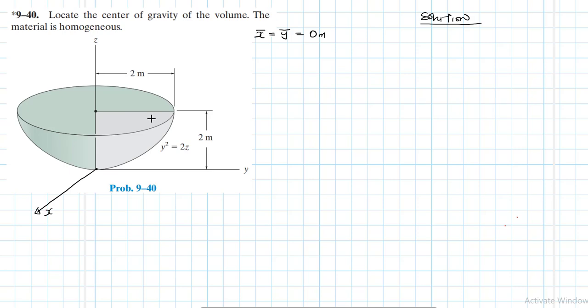What we are going to do is make a section of a very small disk. We can even make the topmost disk, it doesn't matter, or the middle one, it doesn't matter.